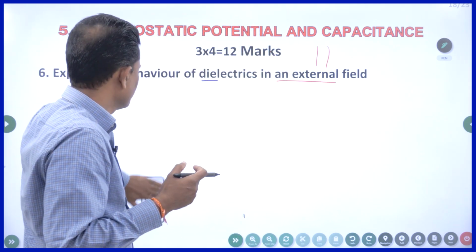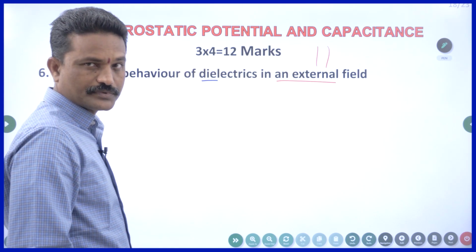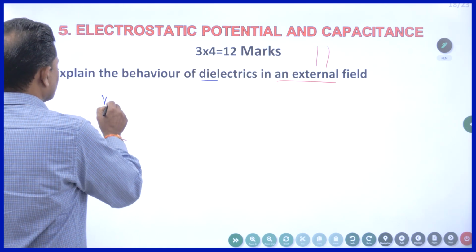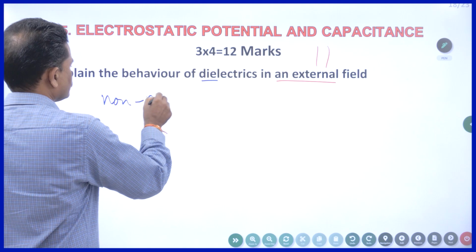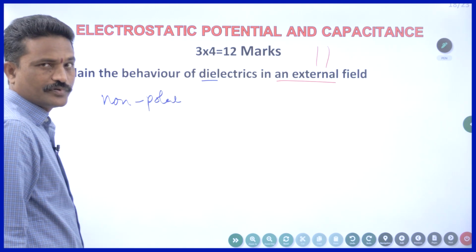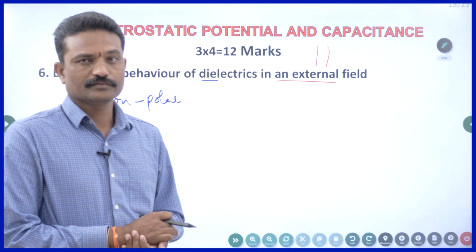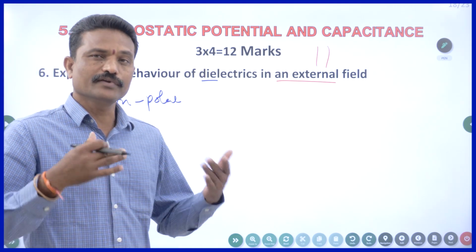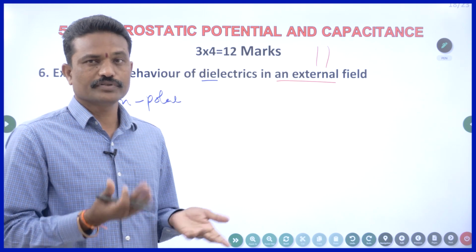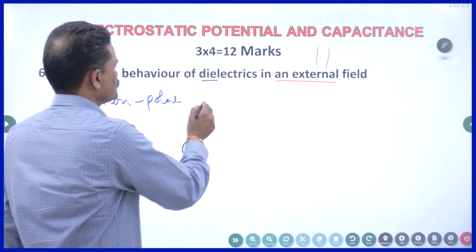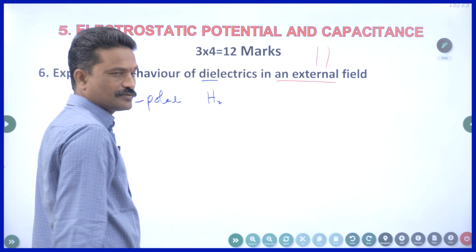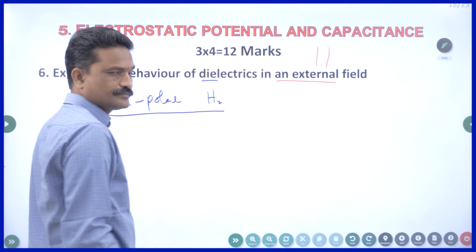So what do you mean by polar substances and non-polar substances? First let us take non-polar substances. What do you mean by non-polar? That means they don't have dipoles. No dipoles, non-polar. Having inherent dipoles, polar. For example, H2 is a non-polar substance.